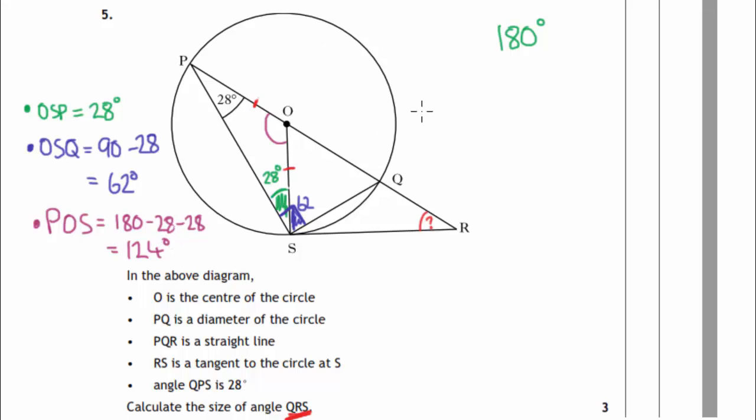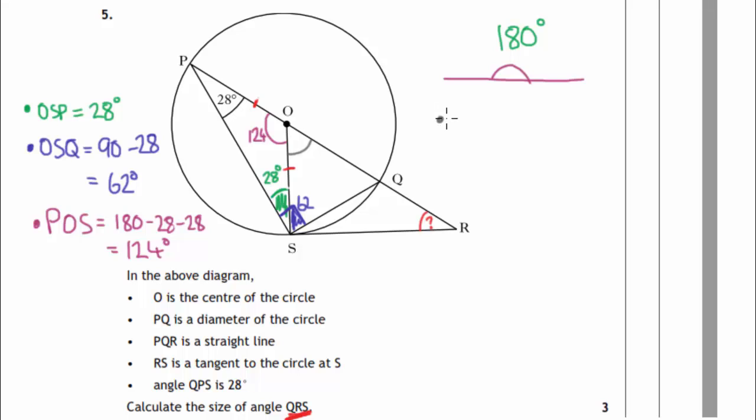Now, just like any line, if you take a line, that's 180 degrees. The line PQ is 180 degrees, and we know this part is 124. So we can now work out this angle. Let's choose another colour. This angle is the difference between 180 and 124.